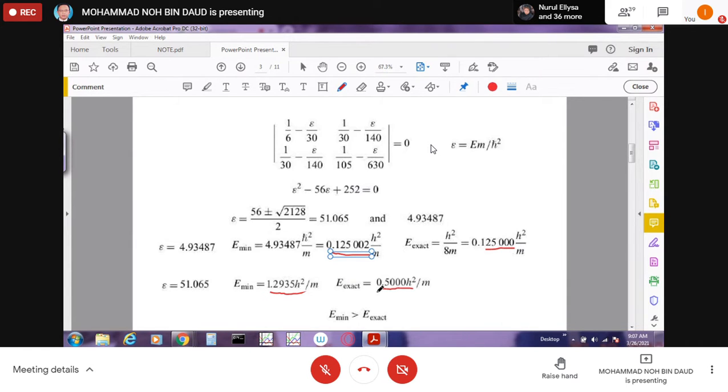So this is the true energy. Both these energies are the true energies, so we have the first and the second lowest state energies.